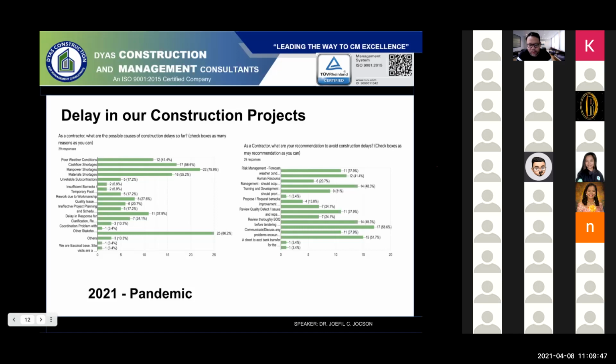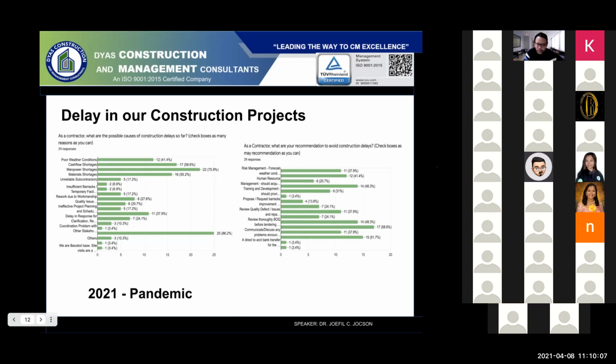Then another one is the, itong 51% na siguro ito yung problems encountered outside. So we need to collaborate. We need to connect and communicate with each other. So tama yung framework na diniscuss natin kanina. Okay, so let's proceed.